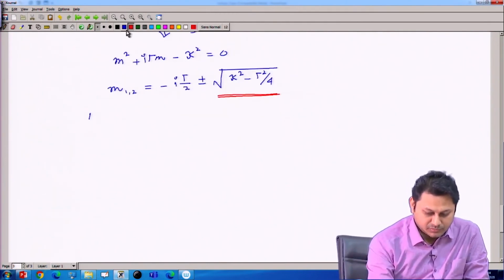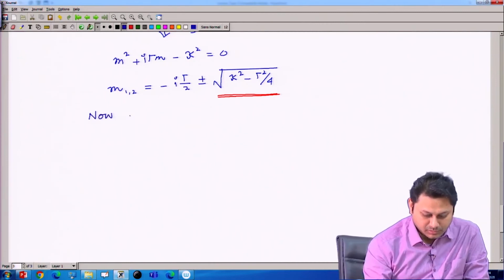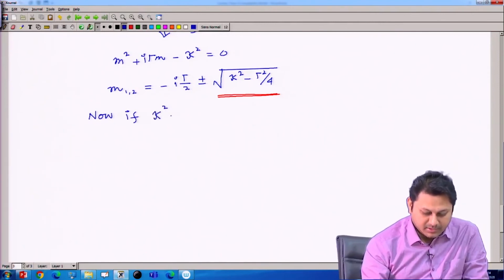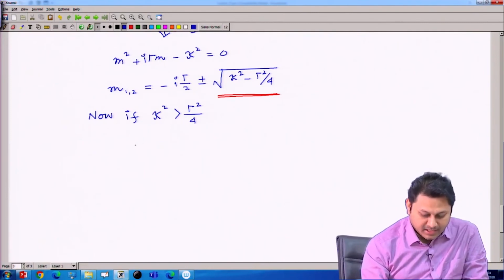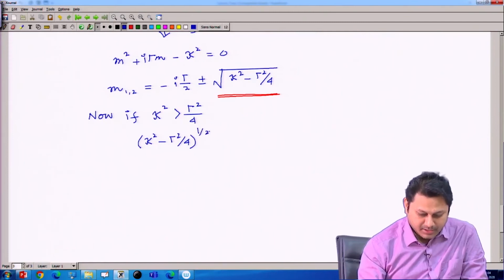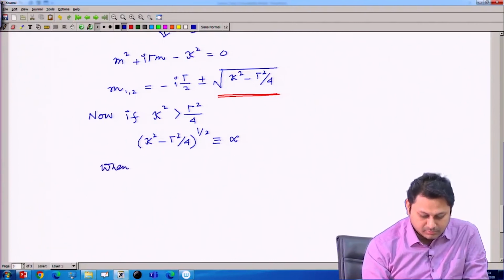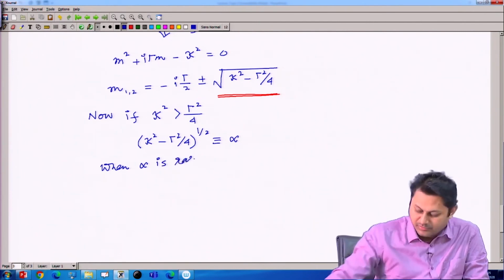So now, if kappa square is greater than gamma square divided by 4, we can write this term, kappa square minus gamma square divided by 4 whole to the power half, equal to alpha, where alpha is real and positive.